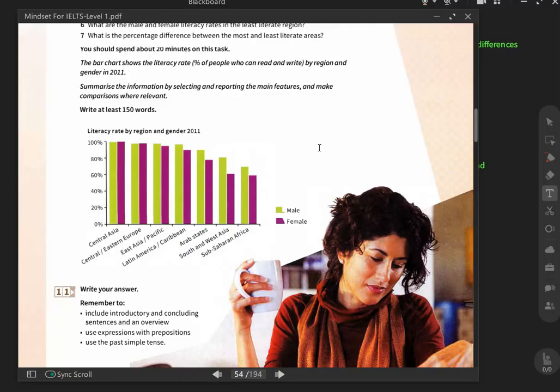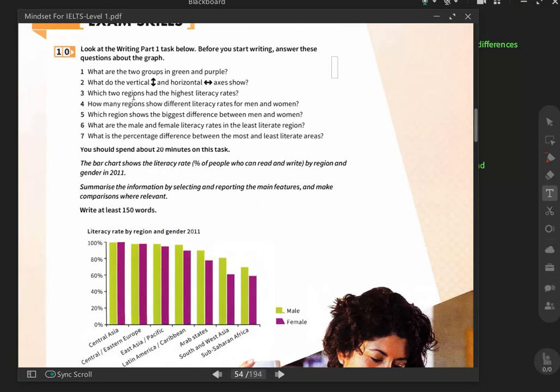Of course, percent, as you can see, literacy rate by region and gender. So, of course, percentage of people who are literate, yes, and this one shows the countries. Very good. As you can see, we have area, we have region.